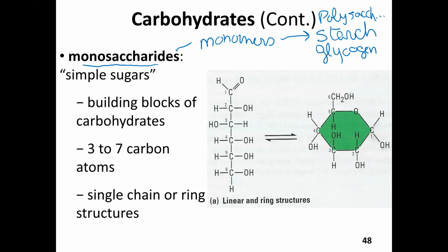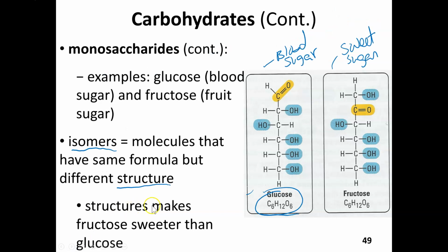Let's look at some of these monomers then that make up these larger carbohydrates. Here is glucose and fructose. Glucose is your blood sugar, while fructose is a more sweet sugar coming from fruit. So it's fruit sugar.